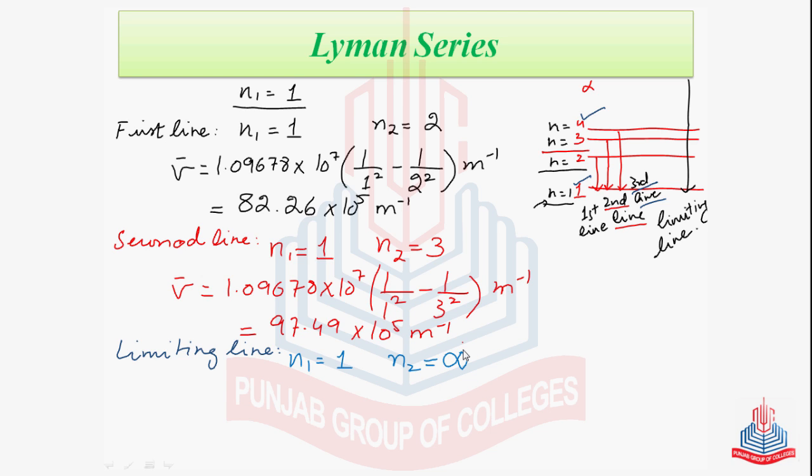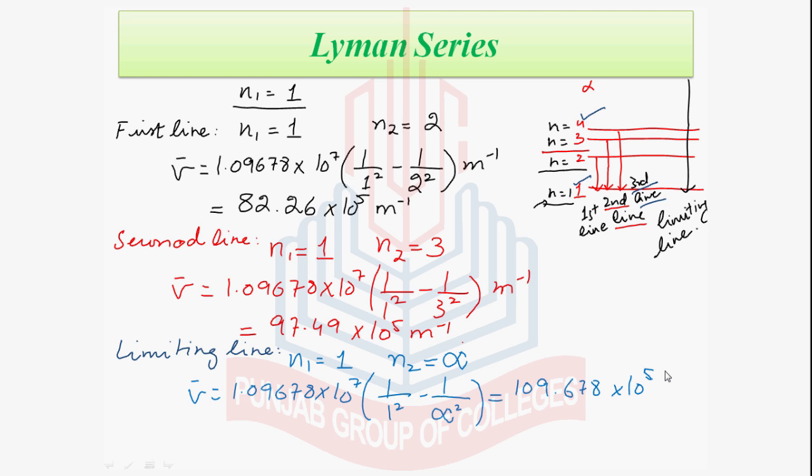Performing the calculations, that is the wave number will be equal to 1.09678 into 10 raised to the power 7, 1 over N1 square minus 1 over the square of infinity, and that will be equal to 109.678 into 10 raised to the power 5 meter inverse.